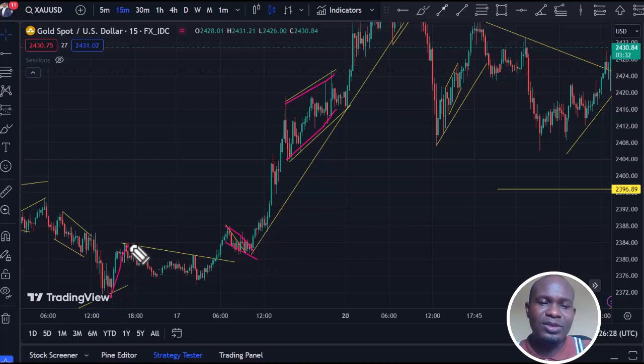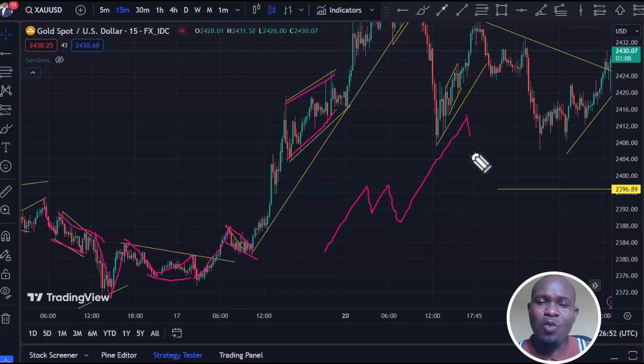We have an impulse, we have a three-wave corrective structure here, and that was a completed move. We traded it. The summary of trading this is so simple: we look for an impulse, we wait for a correction, and we take the next impulse.